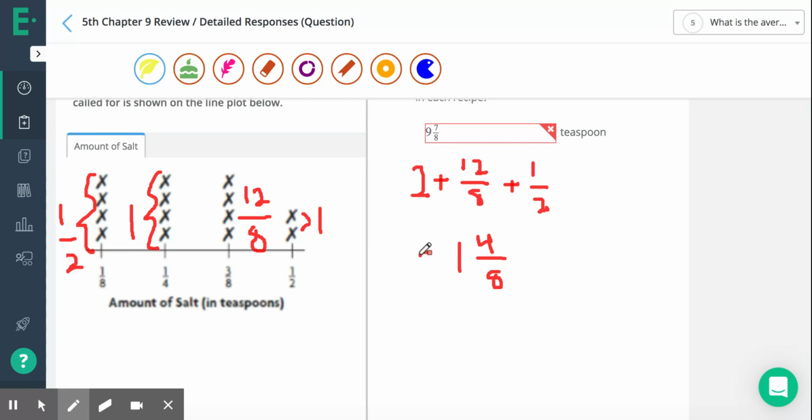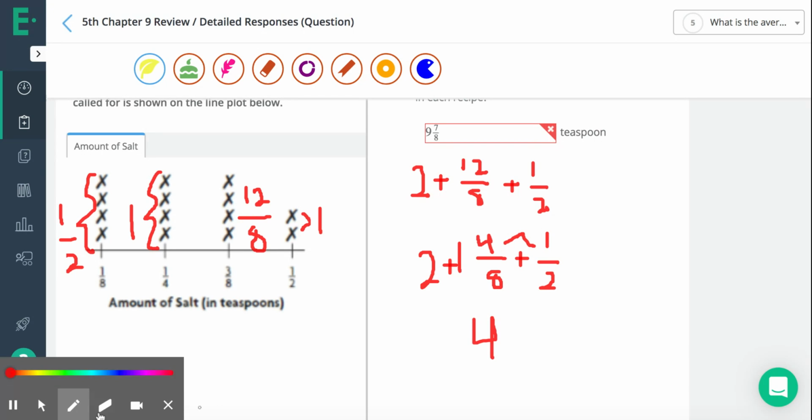So when I have 2 drop down plus 1 and 4/8 plus 1/2, oh, look at that. That comes out so nicely because 4/8 plus 1/2 is 1 whole. So that gives me 2 plus 1 plus 1 is 4.